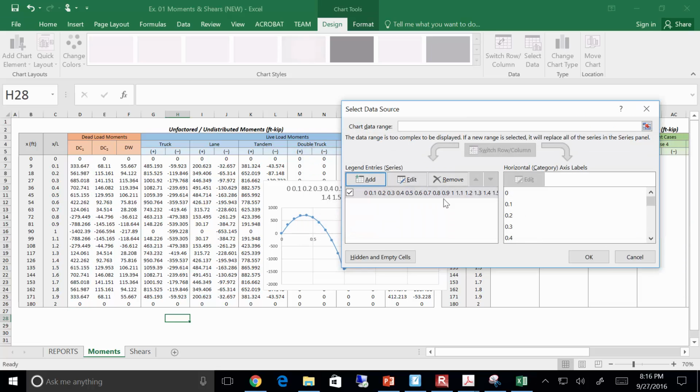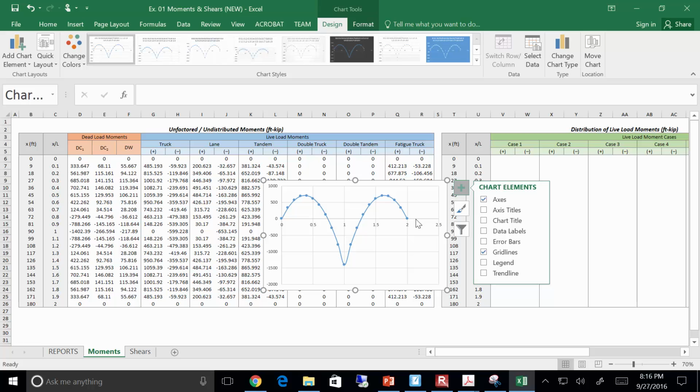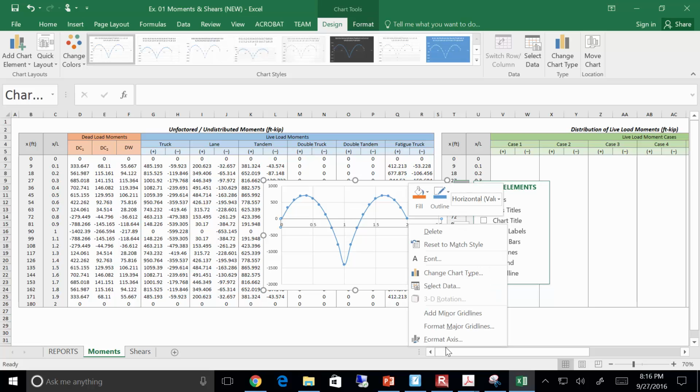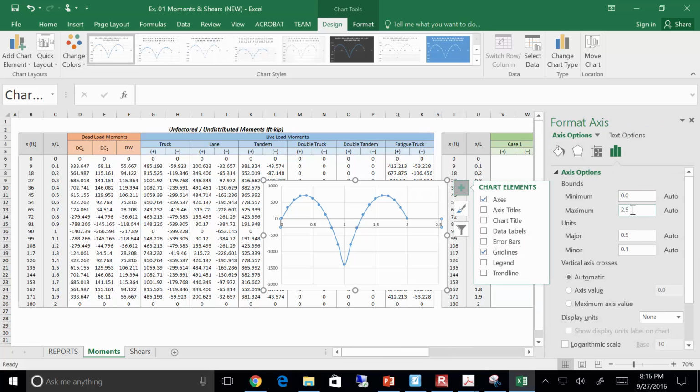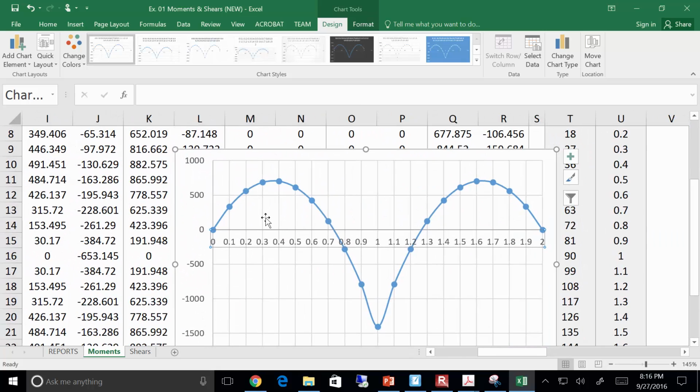And hit OK. Let me take that title off. I'm going to format that axis to, say, 0 and 2. We'll make that 0.1. If you look and you zoom in, you can actually see that the highest moments are at 0.4. See what I mean?